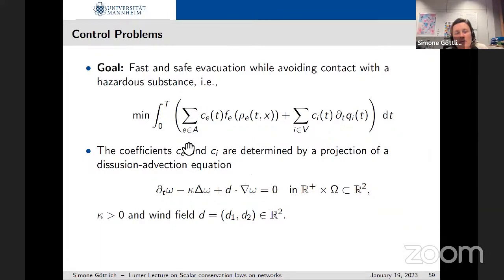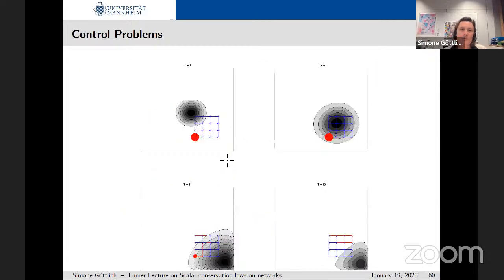And again, we have the dynamics given by the traffic flow. And if we look at the picture here, you see some critical material. We have our road network, and the cars need to be evacuated from this red dot. And you see, going to the right, the spread of the material over the domain.